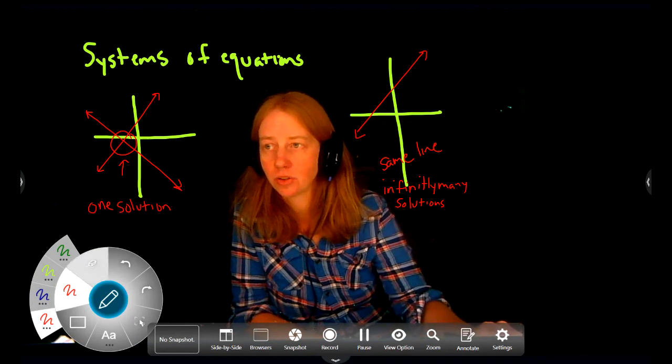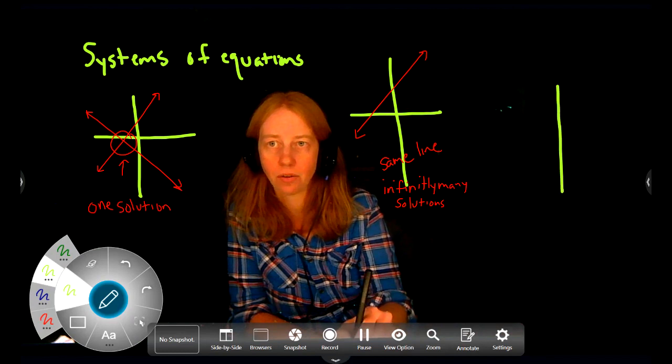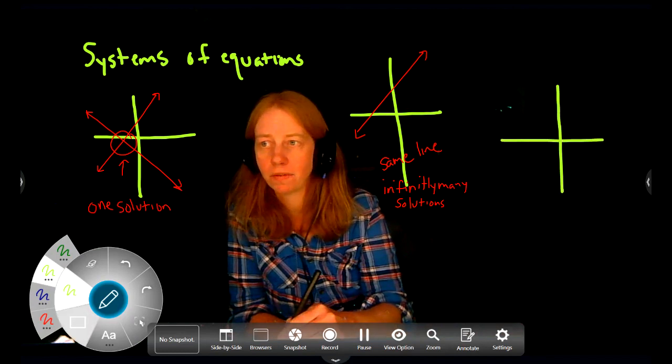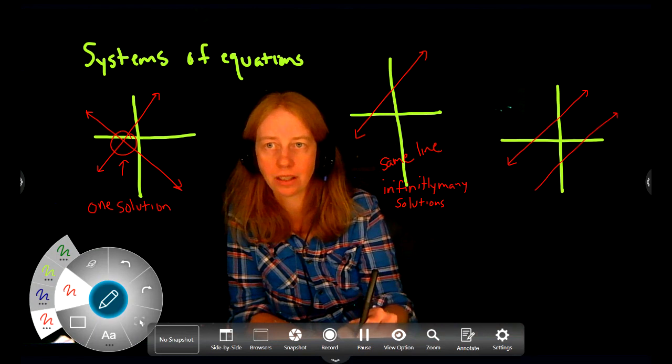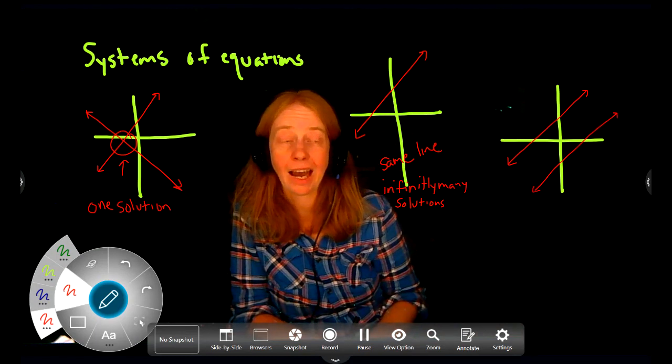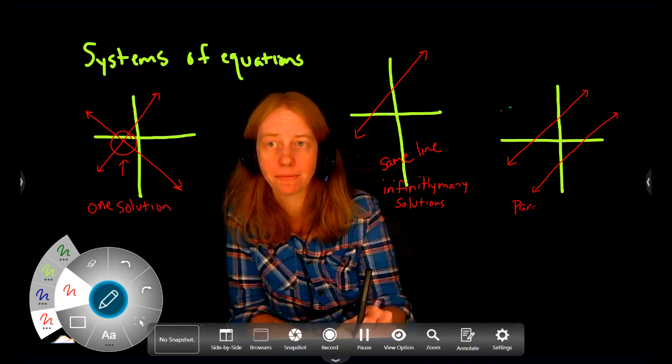And then let's get to the third one that you could encounter. Here's my graph. What if you had a line like this, and then your other line was right down here, and they happen to be parallel lines. So parallel lines, what's special about them?